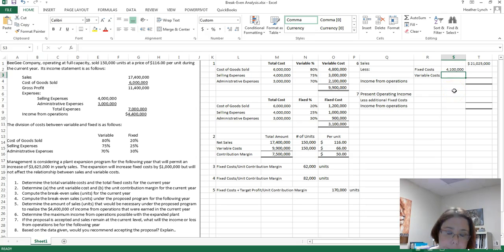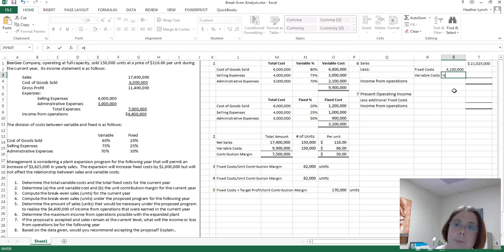Variable cost. Okay, so what we have to do with this one, I'm going to do a couple of little calculations here. We need to take our 3,625,000. We need to divide it by the $116. That was your per unit for sales.